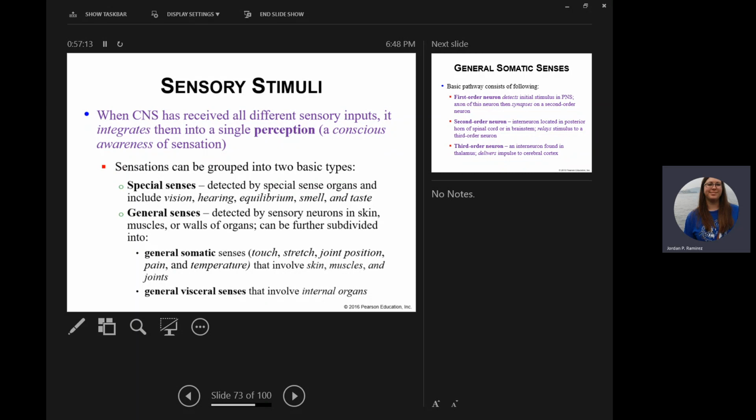Chapter 15 is talking all about special senses: vision, hearing, equilibrium, smell, taste. General senses are detected by sensory neurons in the skin, muscles, or viscera. So they can be general somatic senses, so touch, stretch, joint positioning, pain, temperature, versus general visceral senses, like your internal organs.